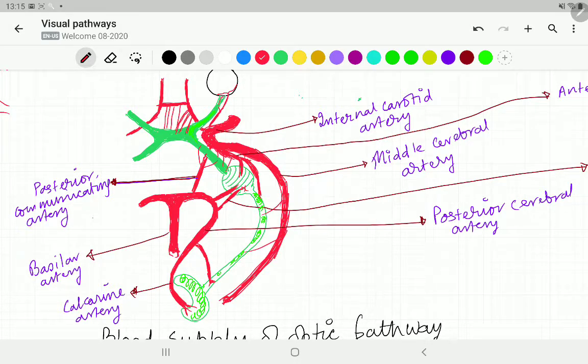It also gets branches from the anterior communicating artery, which joins the two anterior cerebral arteries, and this artery also sends a branch to the optic chiasm. And there is also a branch from the superior hypophyseal artery, which is again a branch of the internal carotid artery. So the optic chiasm has multiple blood supplies, and that is one of the reasons it is very uncommonly affected in stroke, because the blood supply is coming from so many different sources.